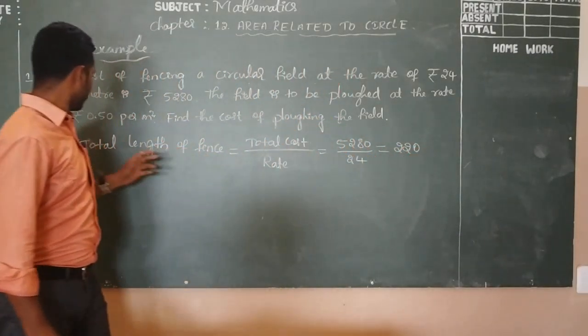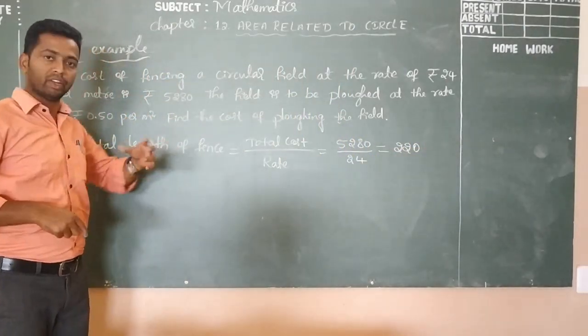So this is the total length, that is, the circumference of the circle.